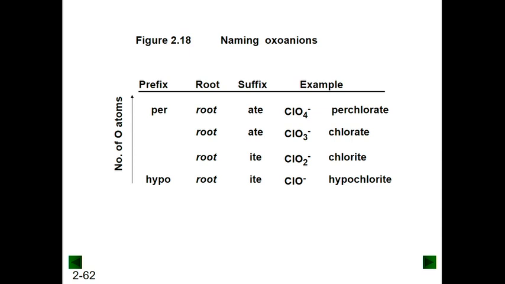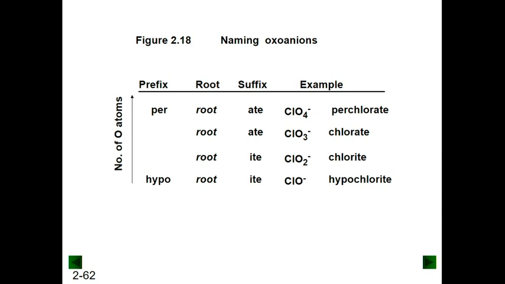Then we do the same with the ClO3 -1. X plus 3 times -2 is equal to -1, so X will be +5. And as you can see there, it's working with the third oxidation number from the lowest to the highest positive number, and that corresponds to the suffix ate, chlorate.